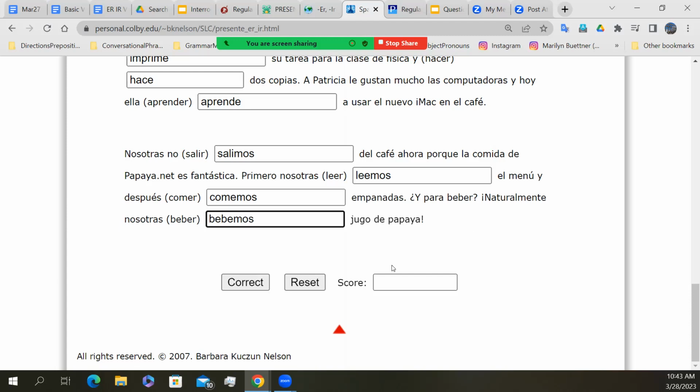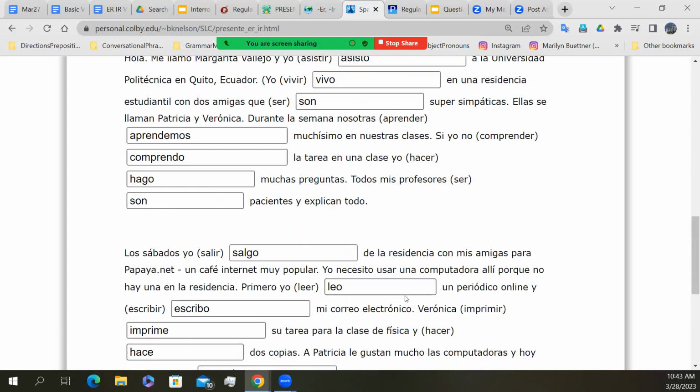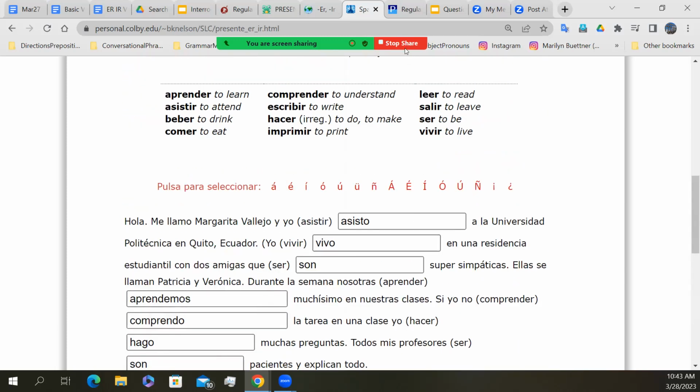And if you come back to this and try it again, you hit the correct button as you finish up. If you have any errors, it'll show you what you missed. I'm going to send those practice pages off for you to do on your own. Okay. Bien.